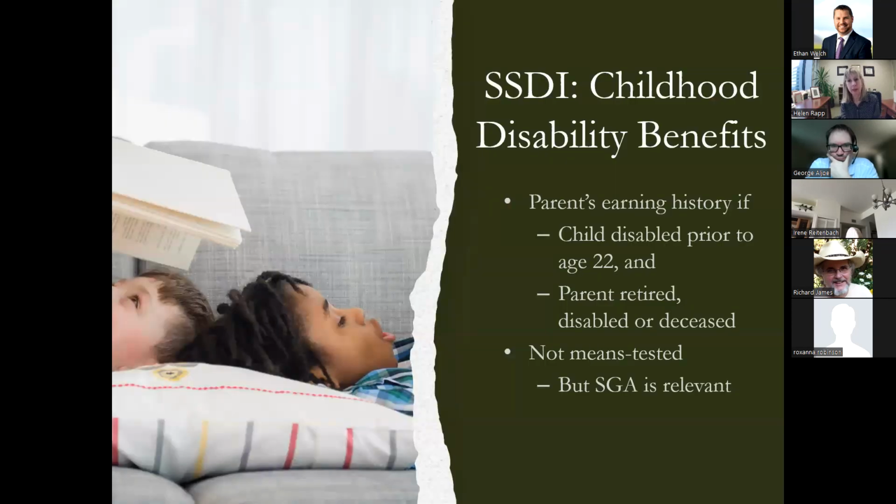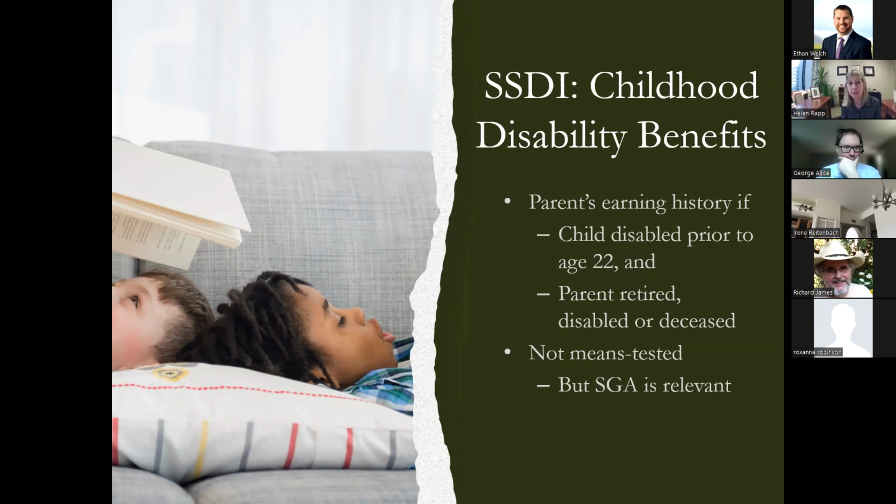So when we're talking about SSDI, just a really great feature about SSDI is that it is also available to disabled adult children of parents who had enough of a work history that they themselves qualified for either Social Security retirement or for SSDI.